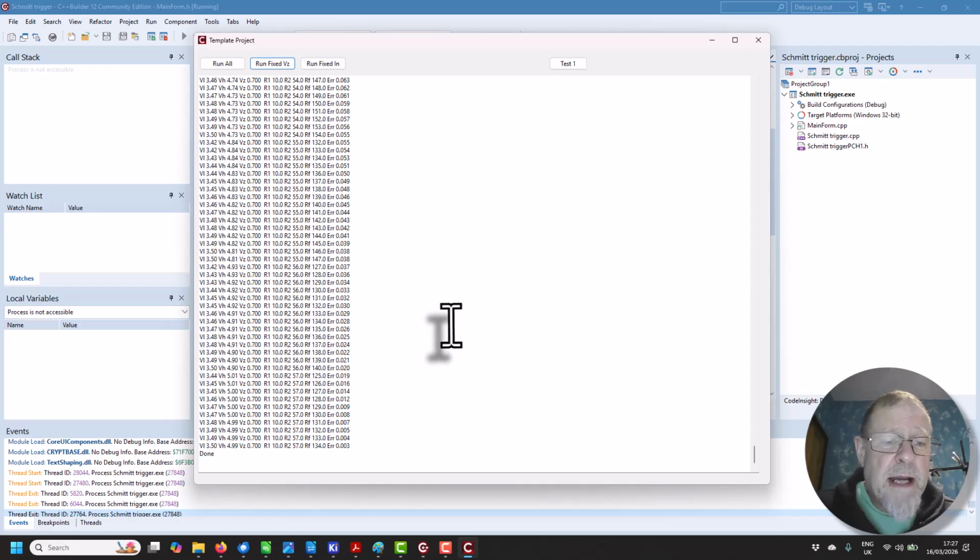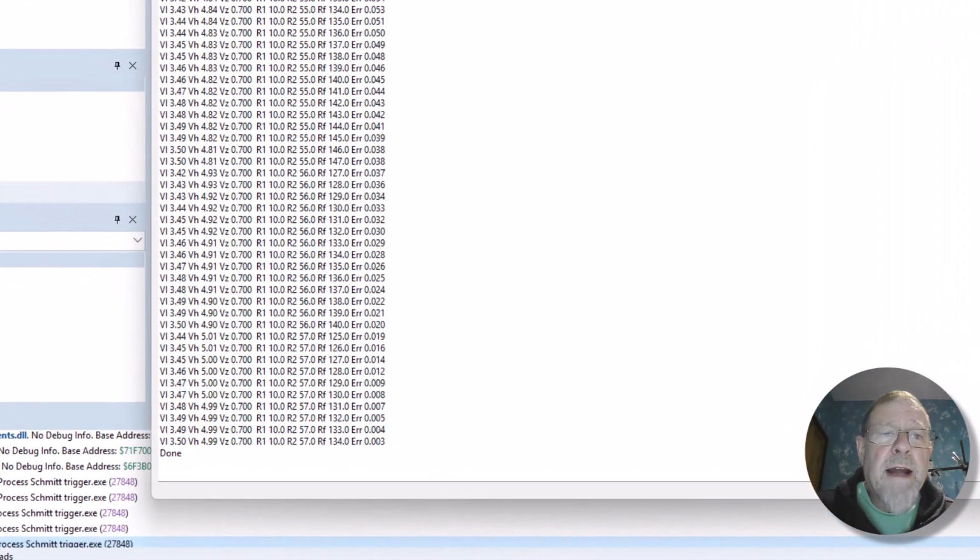Then I came back and I put in preferred values of 10k, R2 56k and RF 120k I think, and we can run that and see what we get.